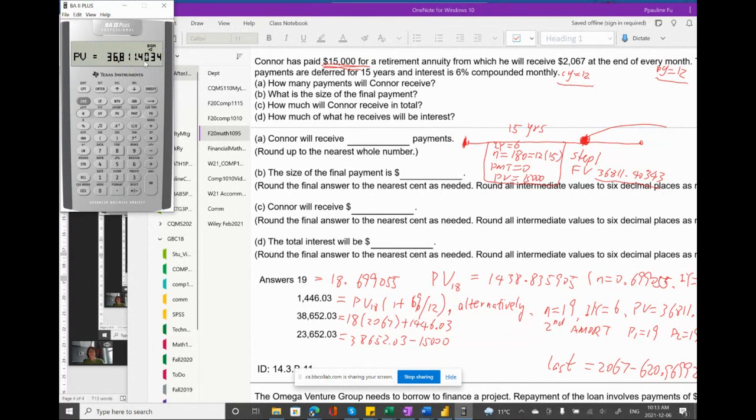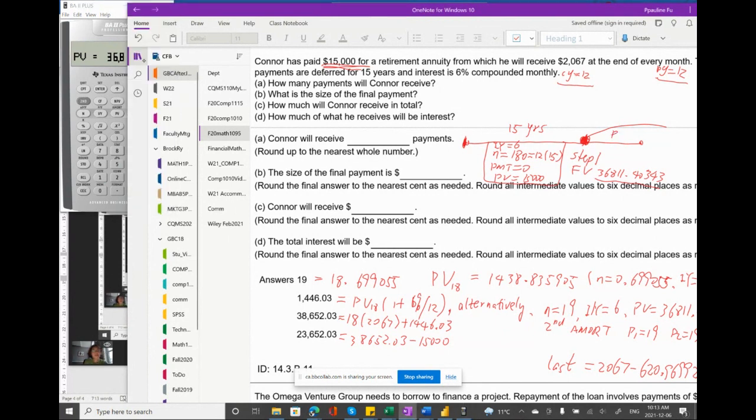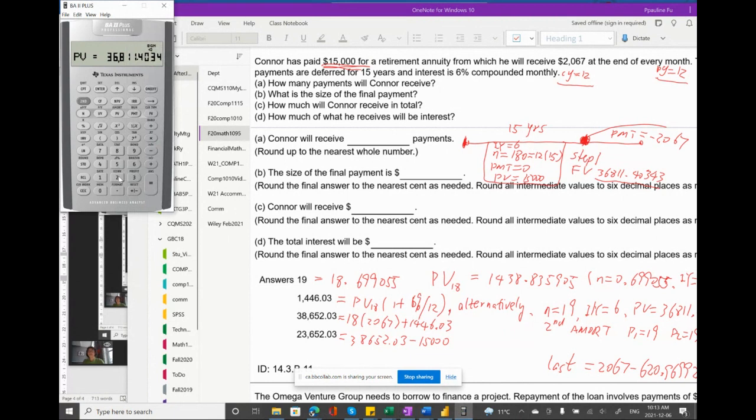And also monthly payment during this period, PMT equal to $2,067. 2067 is a negative PMT. 0 is FV. 6 is interest. Compute N.